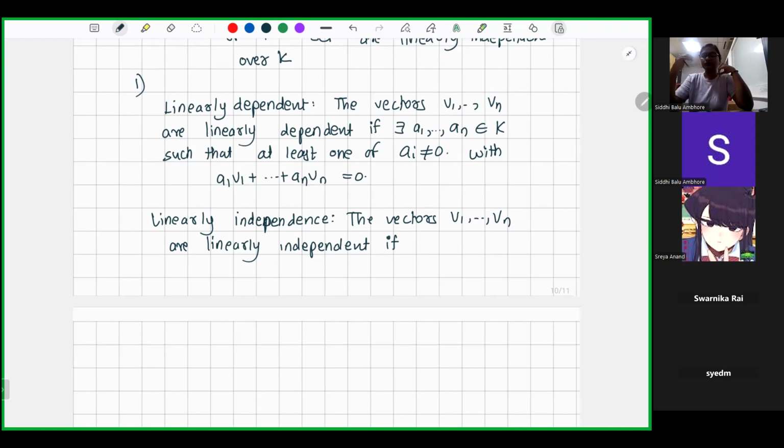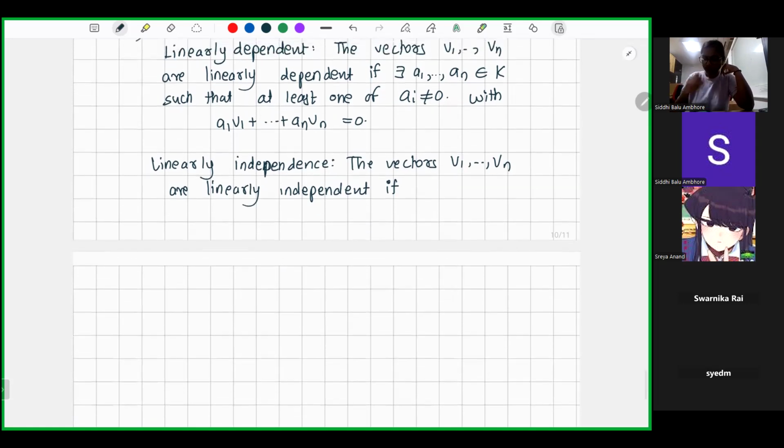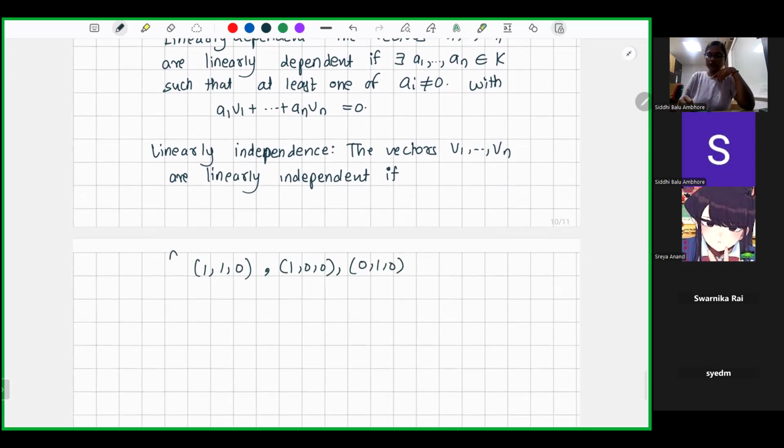For example, if we take this set 110, 100, and 010, this is a linearly dependent set, right?